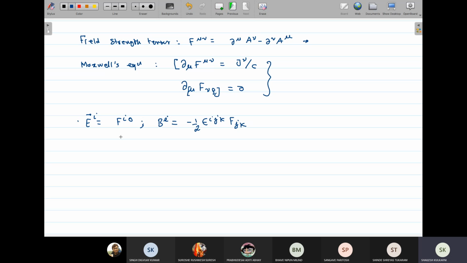Once I get the solution for A mu, I can plug it here, and I get the electric and magnetic fields.